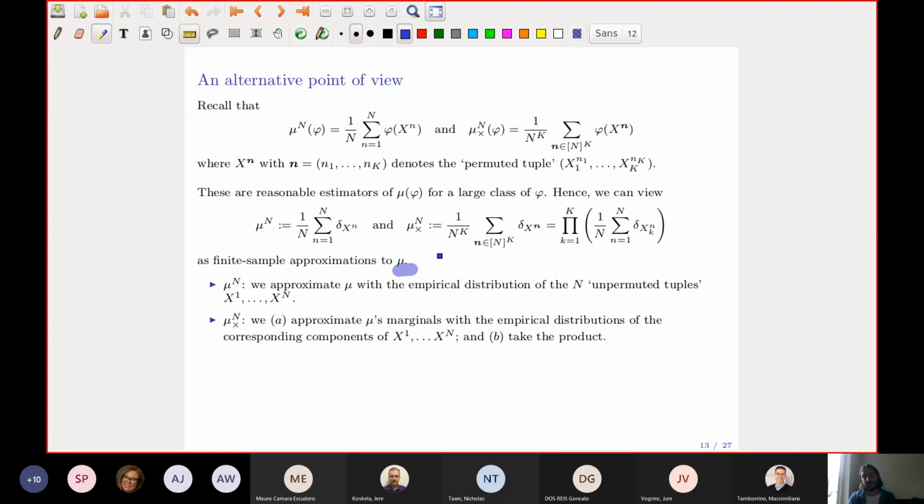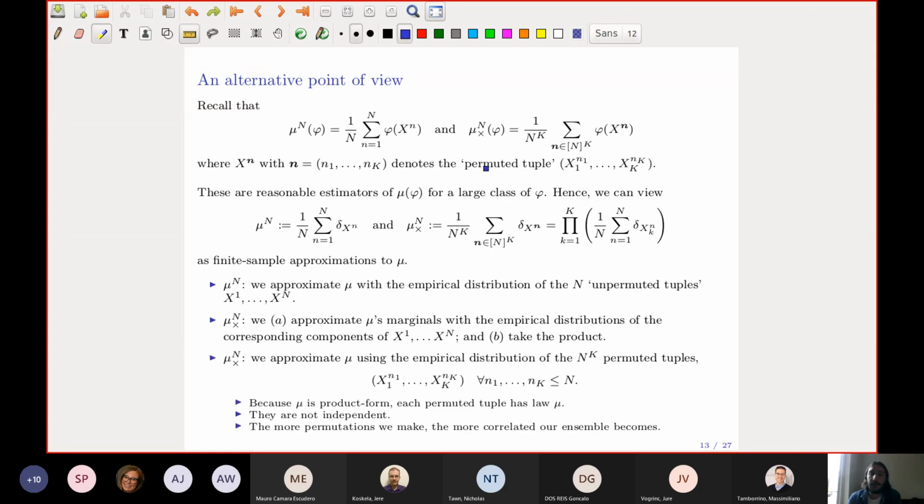Another way to view these is to focus on this term here, right? And what this shows is that in the case of the product form estimator, we're using the empirical distribution of all of these permuted tuples, right? So all of the tuples that we can make by permuting the components of our original n tuples.